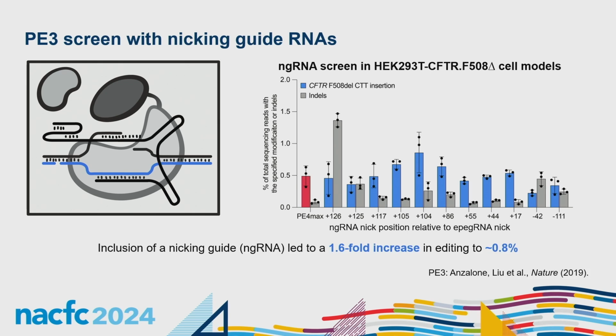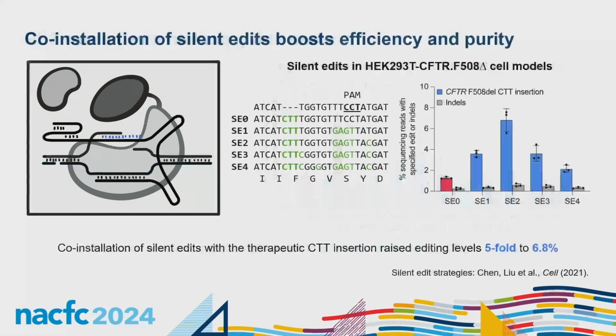Once we had a nicking guide RNA, we started to investigate strategies for encoding edits that were preferentially incorporated due to their intrinsic evasion of DNA mismatch repair. So here I'm showing the actual sequence of the CFTR F508del locus. The therapeutic edit we're interested in making is that CTT insertion that we see in green.